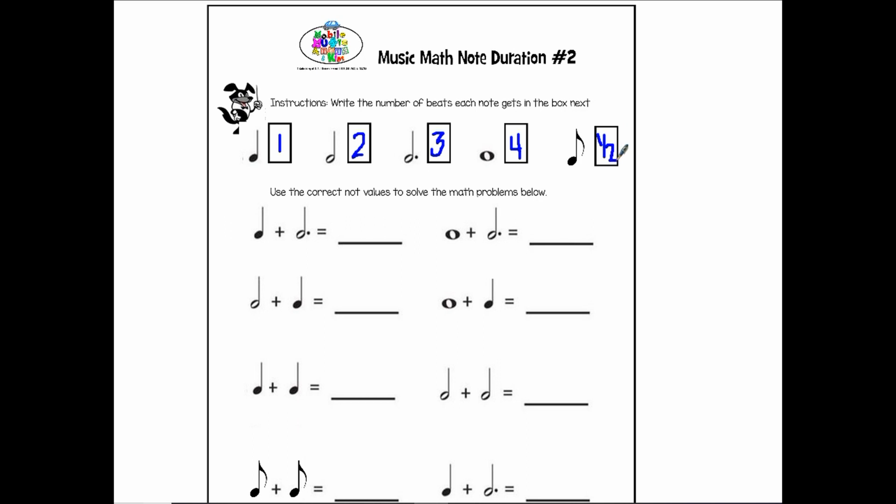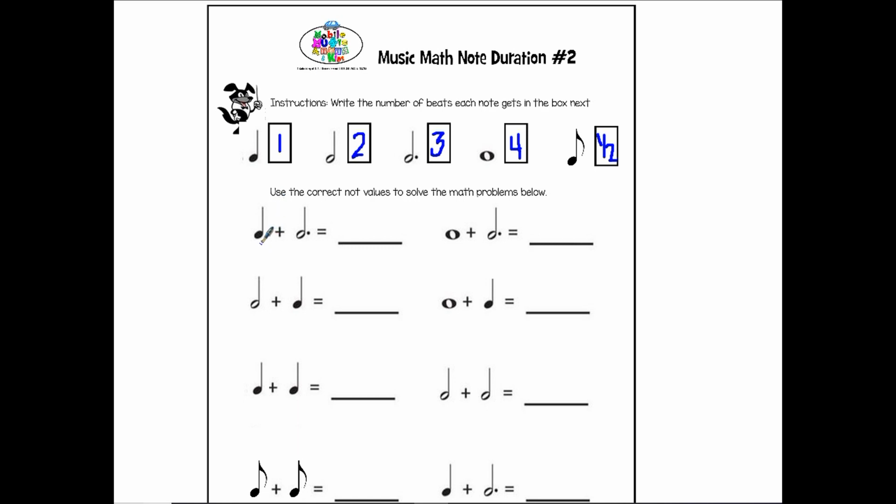So it's very quick. Now what you're going to do, this is helpful. You're going to look at the duration for each of these notes, and you're going to add them up to get your final answer. So let's do the first one together.